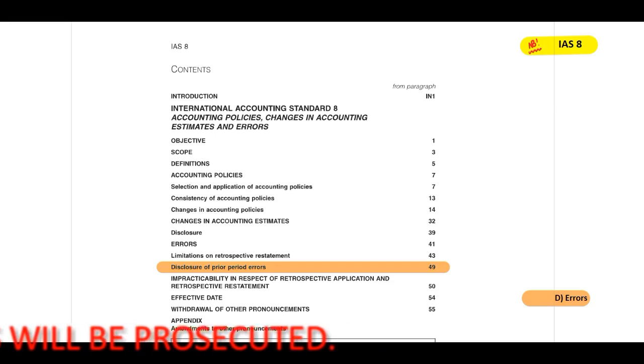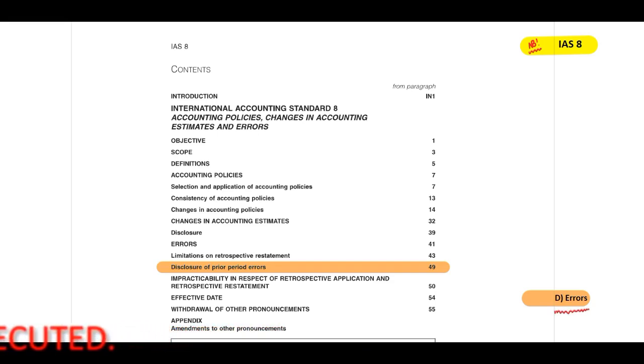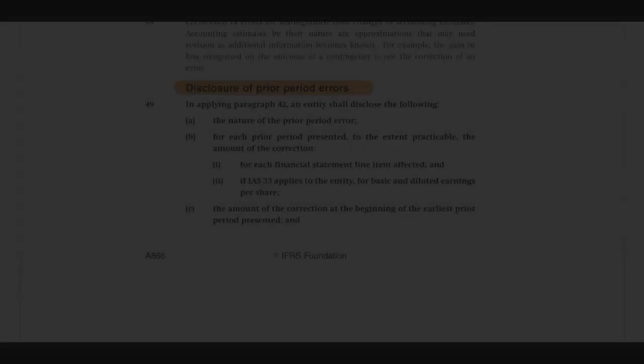And remember your flags for your presentation and disclosure. I will be able to immediately open D, as this is my disclosure, my errors. Or if you want to, you can look at your index and identify that this is paragraph 49. Therefore, let's open paragraph 49.